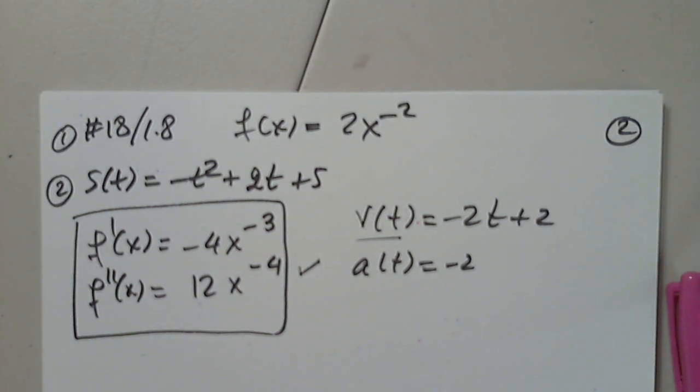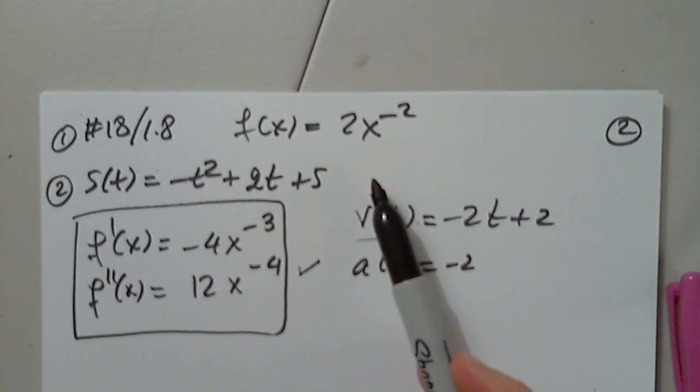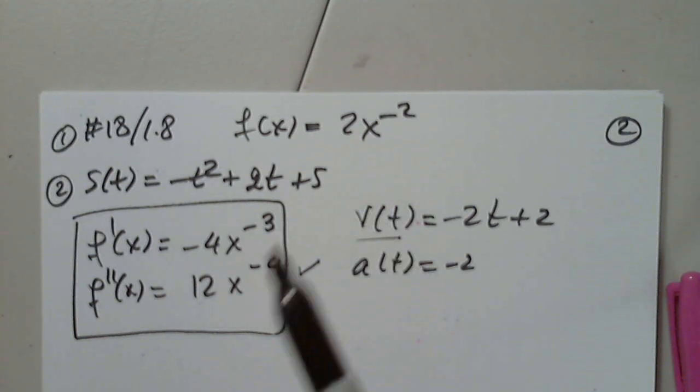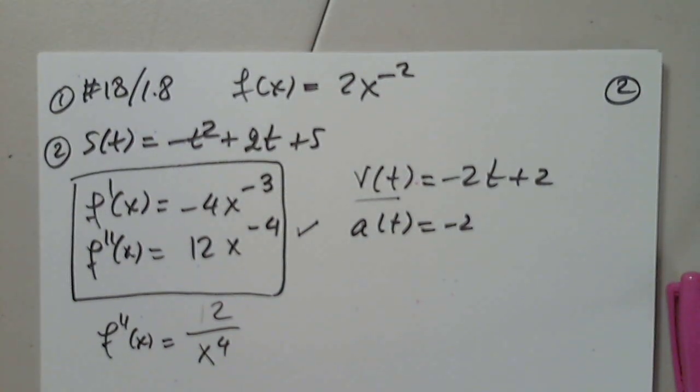Okay. Anything else? I have a question. Yes? For number 18, I put 12 over x to the power 4. That's perfect. 12 over x to the 4th is also good. Absolutely. It's the same thing. All right, thank you.